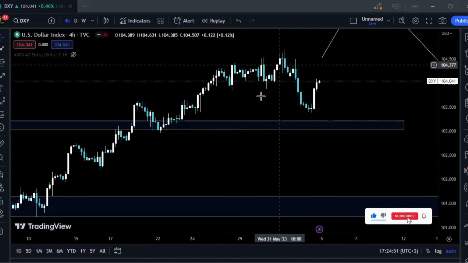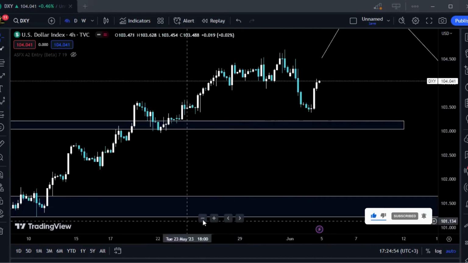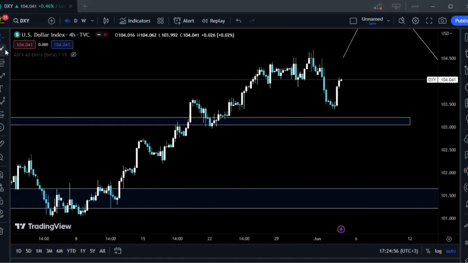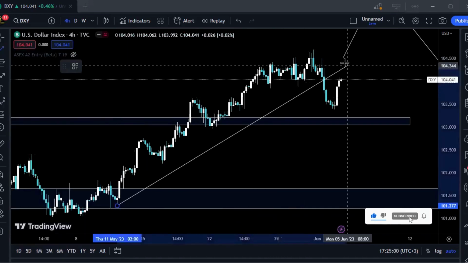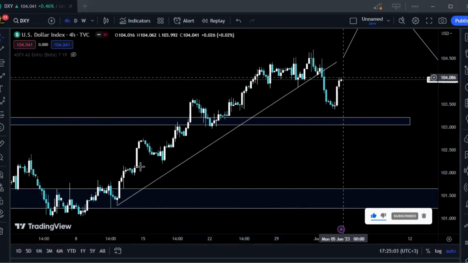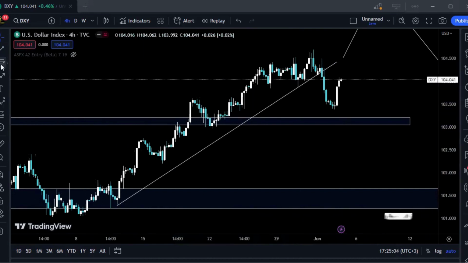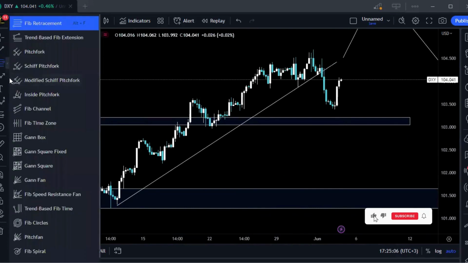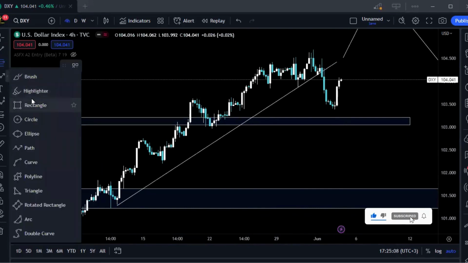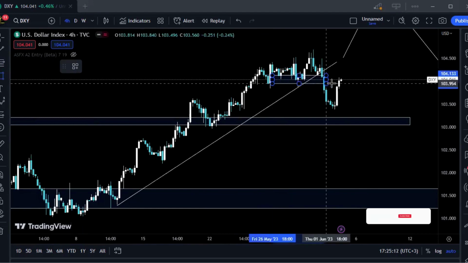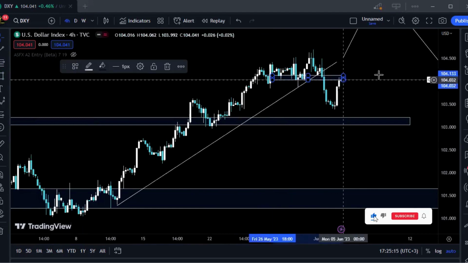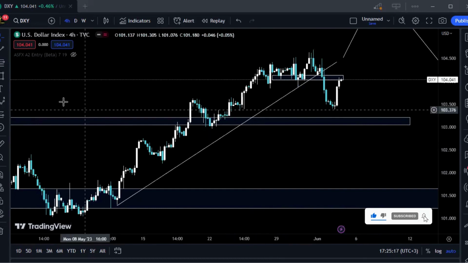The trend on the 4 hours is obviously bearish. As we can see, prices already broke below this, some kind of an ascending trend line or ascending trend. And these are the structures that are in play right now, right?